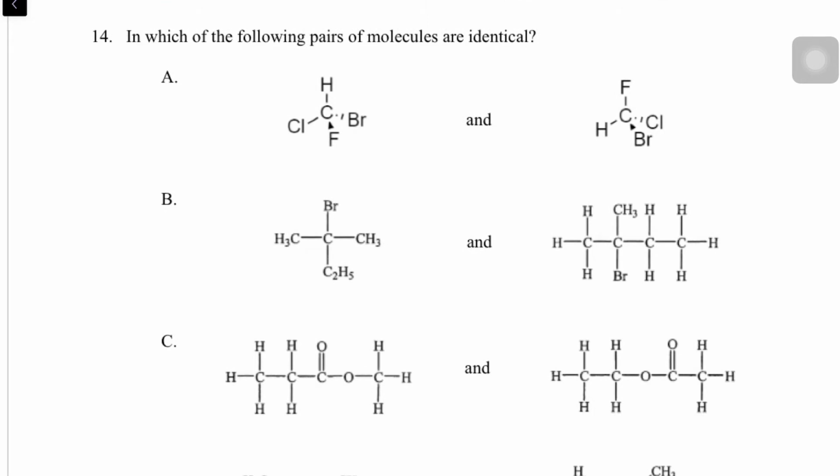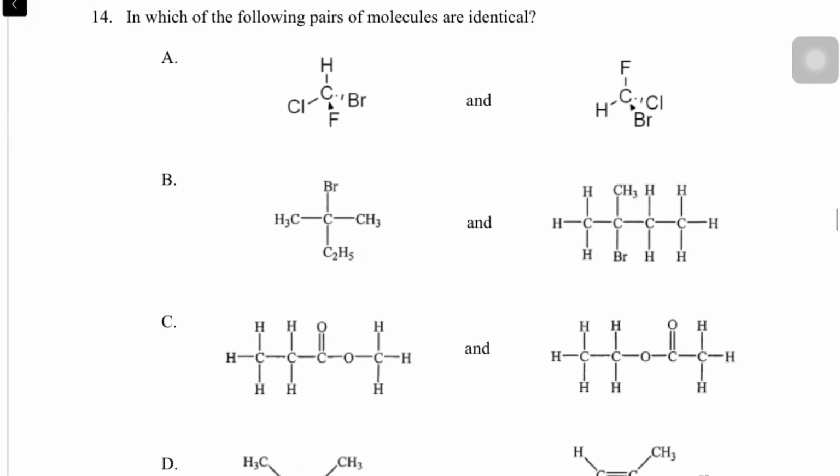Question 14 is very complicated. Let's see if we can have an easier approach. For part A, we change to Cl, Br, F. This is the first step.